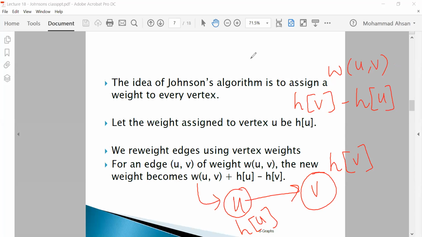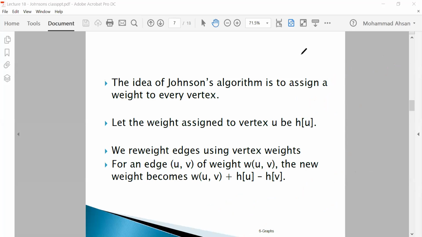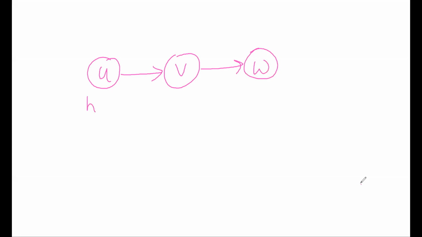So how this works is, let me show it here. So you have u, v, w. Okay, so we'll assign hu. We'll see how we will assign this. So what is the new weight here?